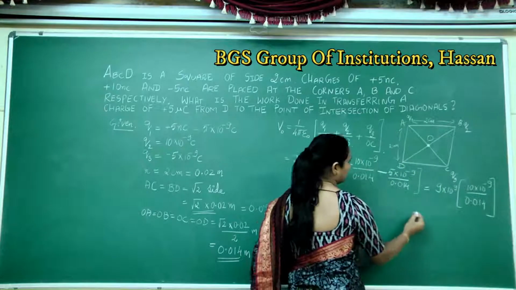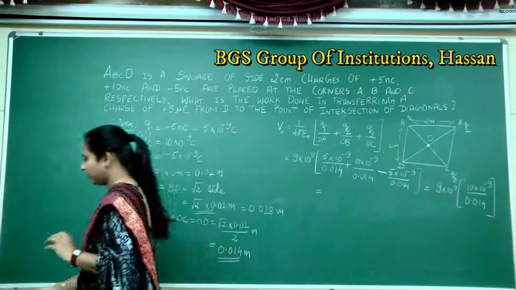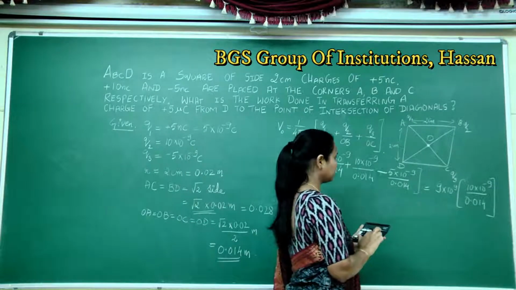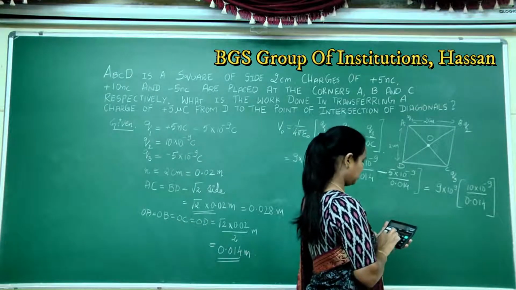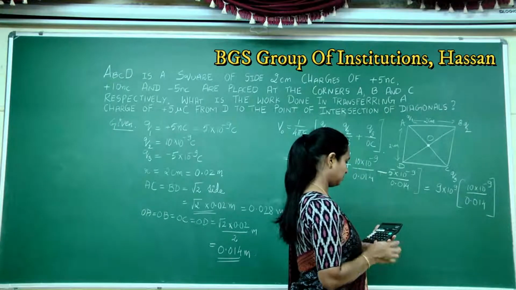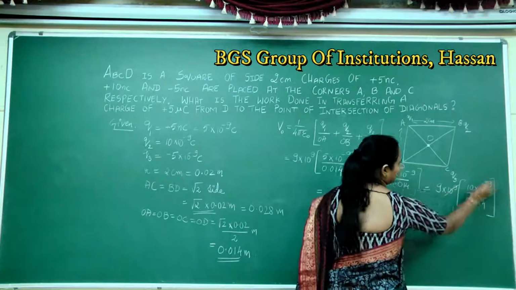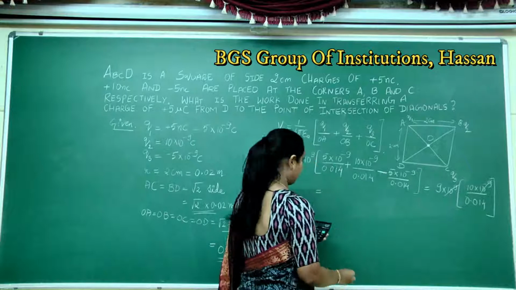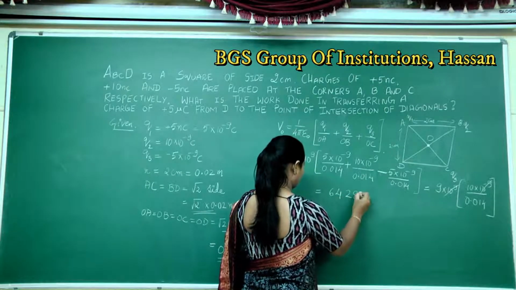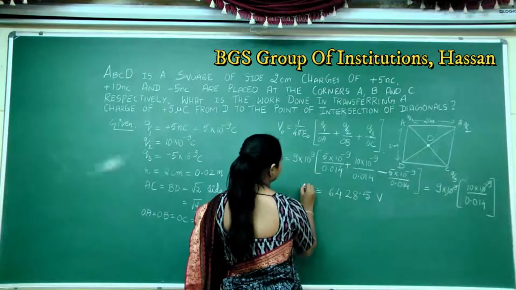Okay. Then this is equal to, if you calculate it, you'll get 10 power 9 minus 9 get cancelled. You have 6428.5 volts, that is VO.